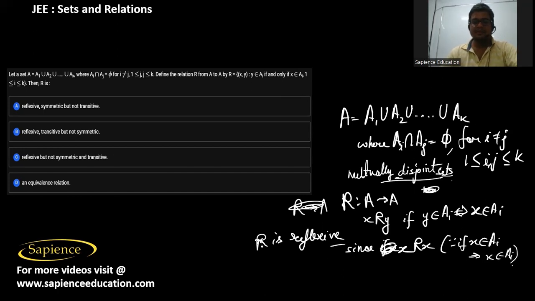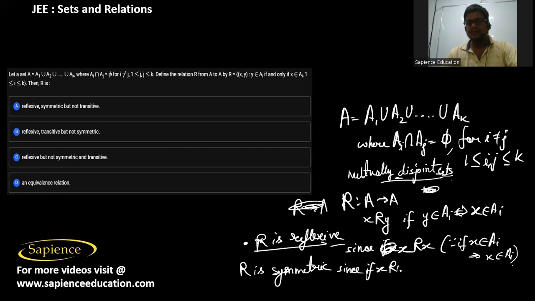So R will be reflexive, and R is symmetric also, since if X is related to Y, it means that Y is also related to X. If X belongs to AI if and only if Y belongs to AI, it also means that Y belongs to AI if and only if X belongs to AI.